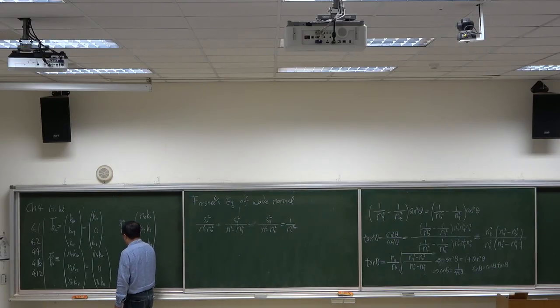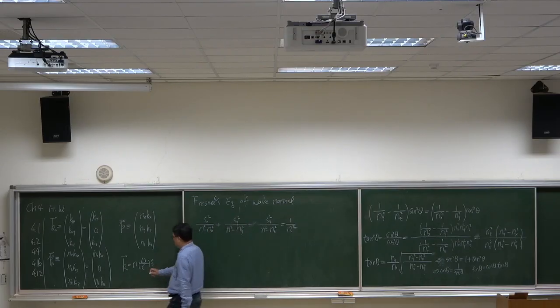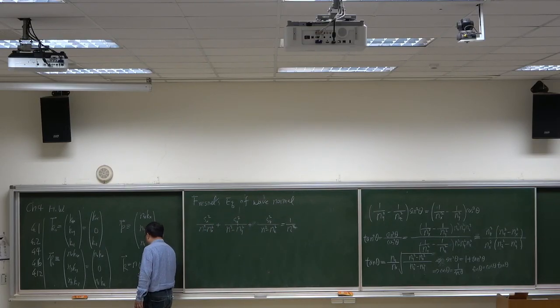K is written as n times omega over c times s, and s is sx, sy, sz.